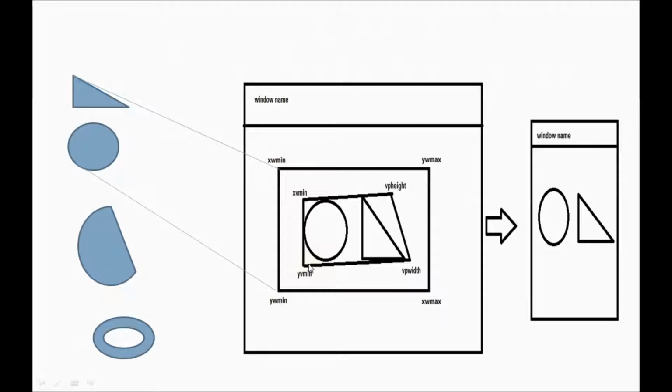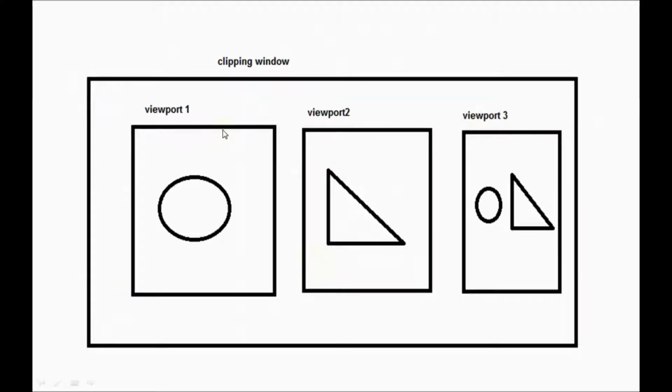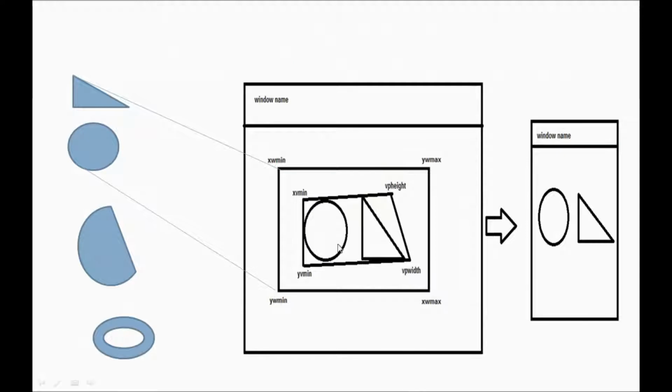You can adjust that. I've shown you that, right? So inside the clipping window you can have multiple viewports. So how to set a viewport within the clipping window? This is for reference. When you are displaying the image, these parameters won't be displayed here.